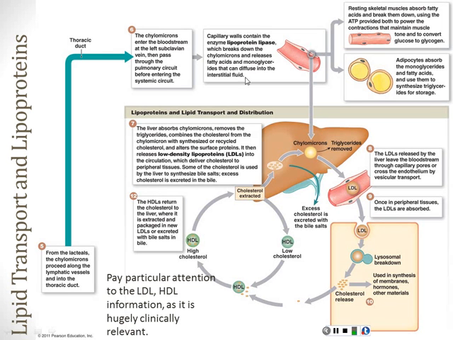But the core of lipid metabolism in the body is our friend the liver again. Just like the liver manages carbohydrate metabolism, it also manages lipid metabolism as well. So the chylomicrons that are not broken down and used by the skeletal muscle or the fat cells end up at the liver.